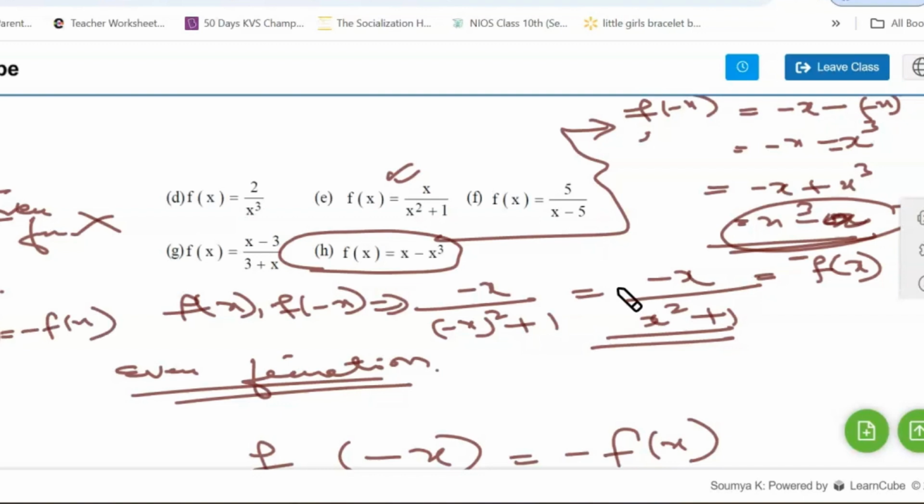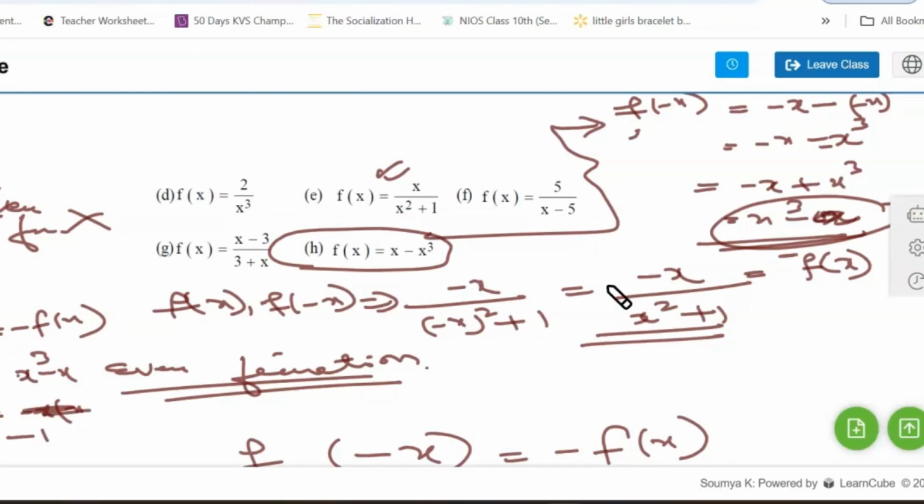If we check f of minus x, the solution is x cube minus x, or you can write minus x minus 1, or x plus x cube, or you can write minus x cube, which is equal to minus of f of x.